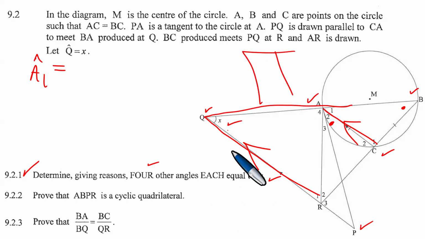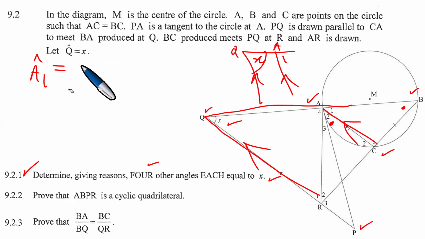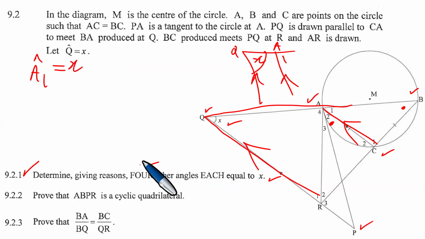If you have this parallel to this, then we have A1 here, so that angle A1 is equal to X. Why is angle A1 equal to X?